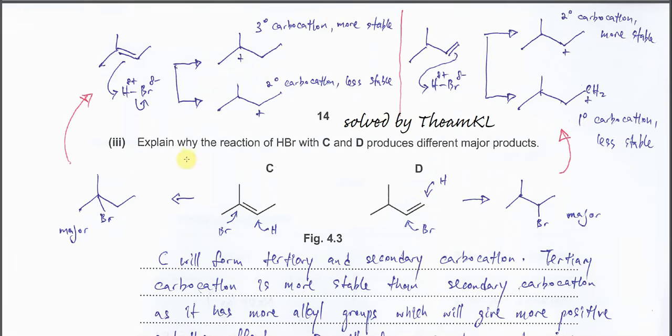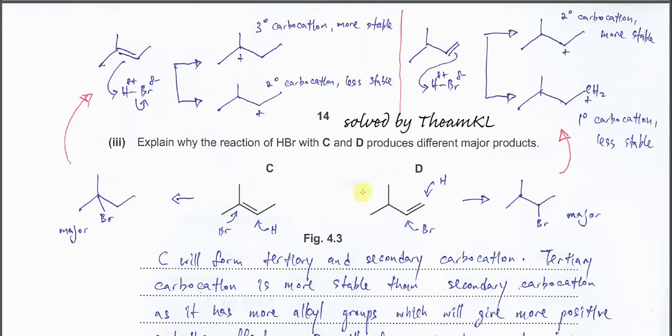Part 3. Explain why the reactions of HBr with C and D produce different major products. Before we discuss that, let's look at what products will be formed.